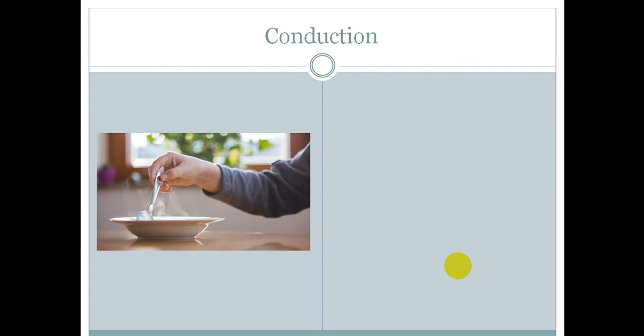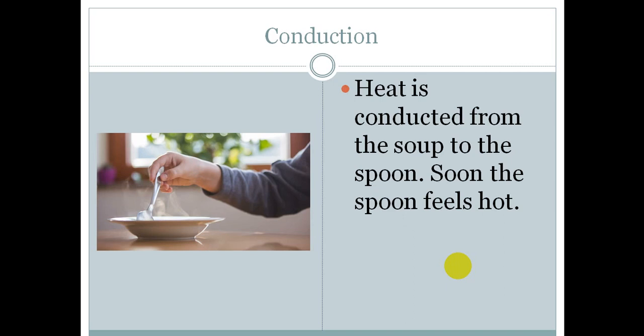Have you ever left your spoon in a hot soup for a long time? What will happen when you start to touch the spoon? You will feel it's getting hot. Heat is conducted from the soup to the spoon.